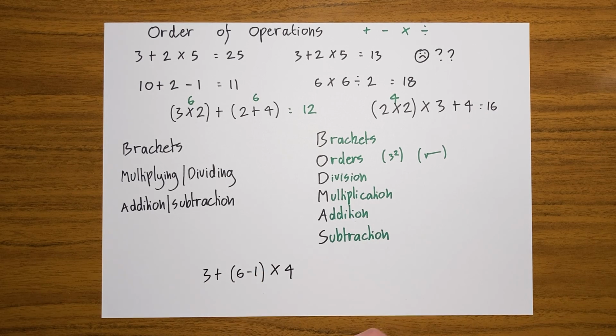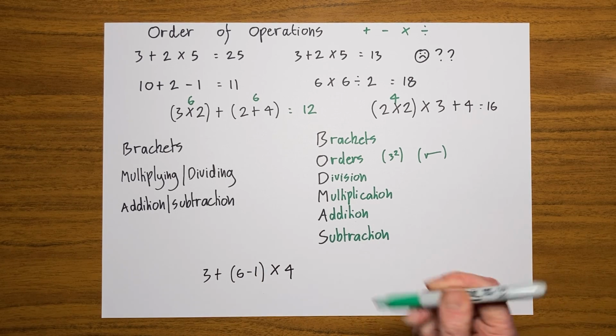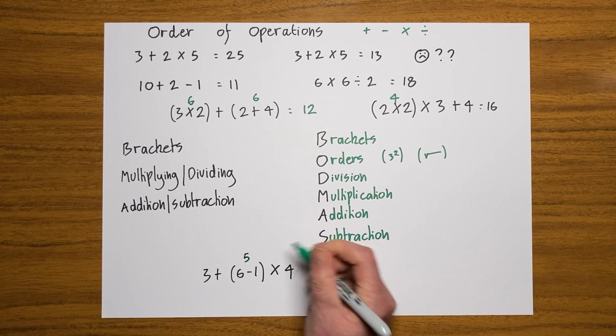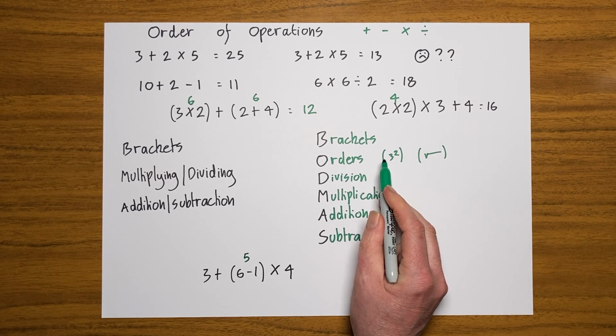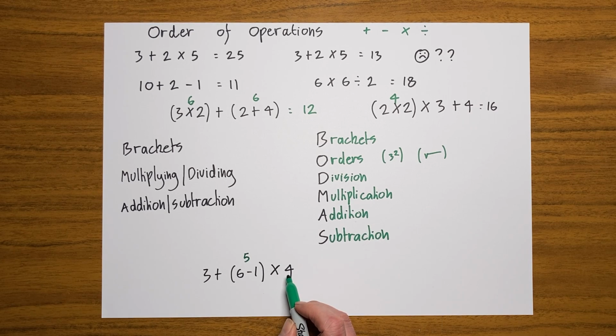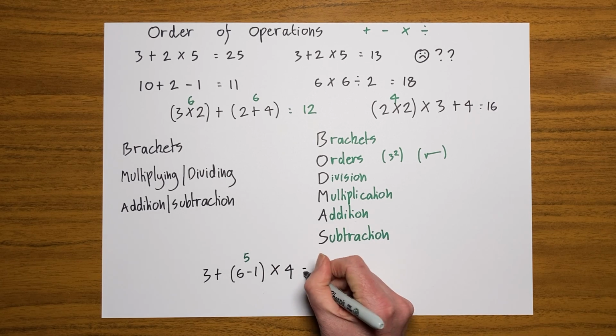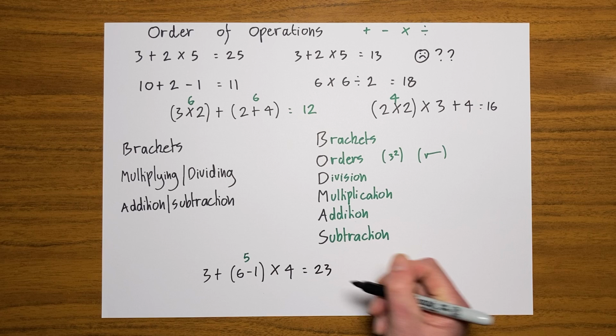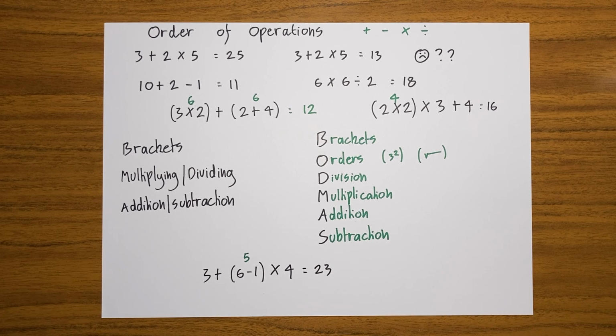First thing I'm going to do is the brackets. So I've got 6 take away 1 is 5. I haven't got any orders here. I haven't got any division, but I have got multiplication. So I'll then do 5 times 4, which is 20. And then finally 3 plus 20 will give me 23.